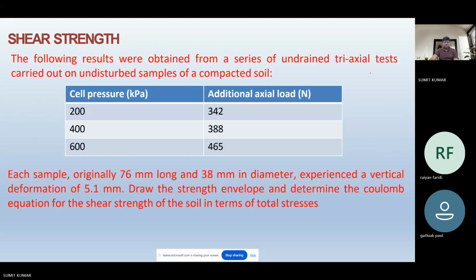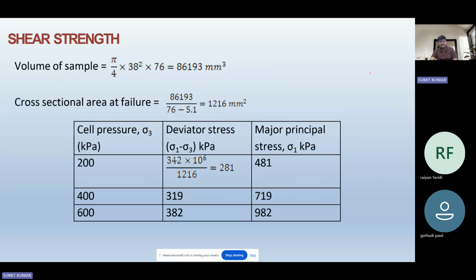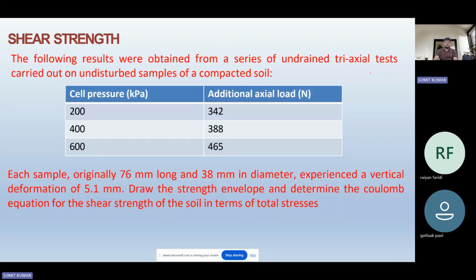Now there is a problem mentioned over here regarding the concept which we have read. Over here you see the cell pressure sigma 3 is 200, and the additional axial load is 342. Let me read the question first, then we move ahead with the solution. The question says that the following results were obtained from a series of undrained triaxial tests carried out on undisturbed samples of compacted soil.